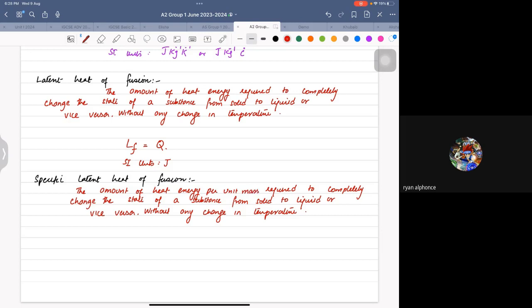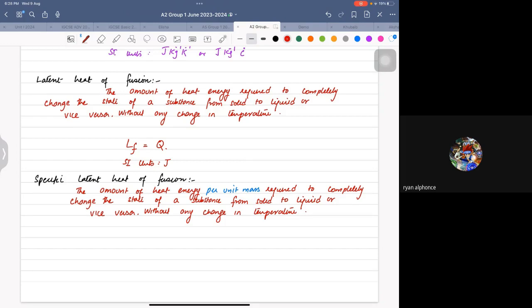So this is the only change, right? Let me just add it with a different color. So anything that is specific, you guys need to understand that it means we're now looking at it with respect to mass.